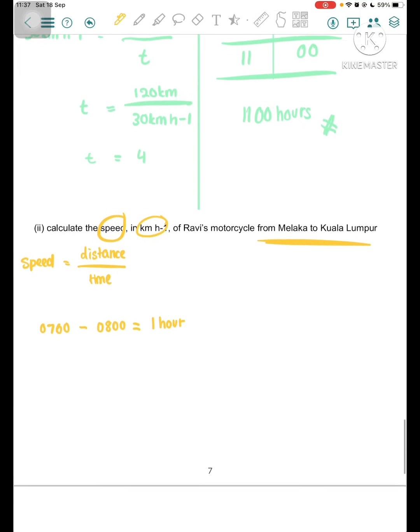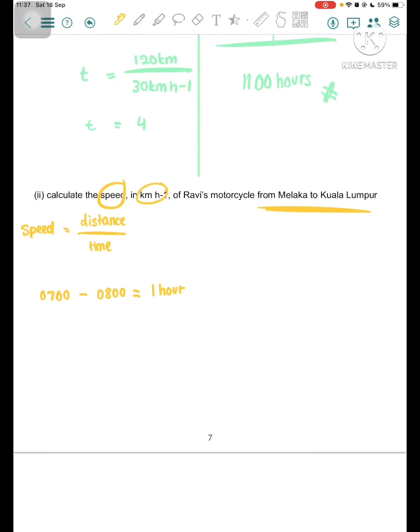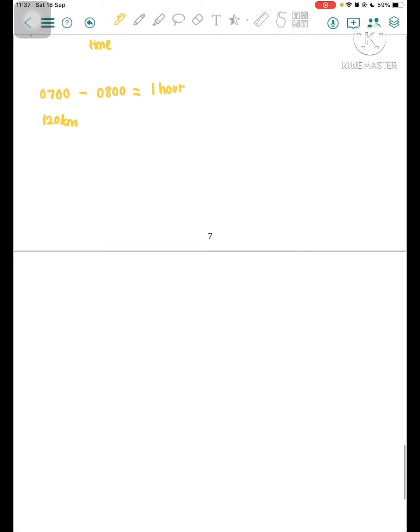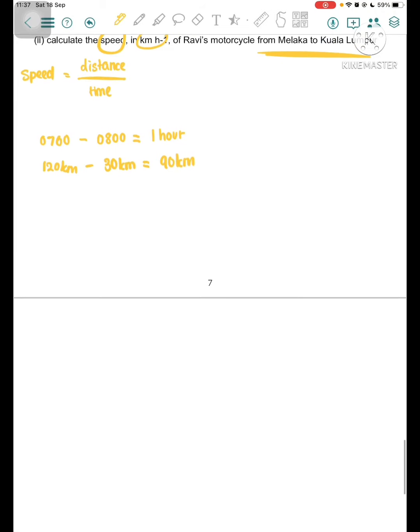To find the distance between those 2 points, we'll have to minus 120 km minus 30 km equals to 90 km. Ravi's speed should be 90 km per 1h equals to 90 km h negative 1, and this is the answer.